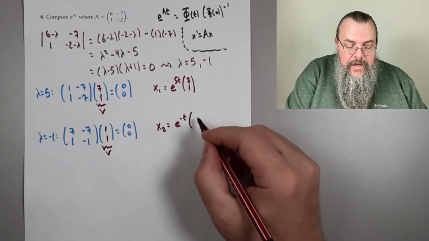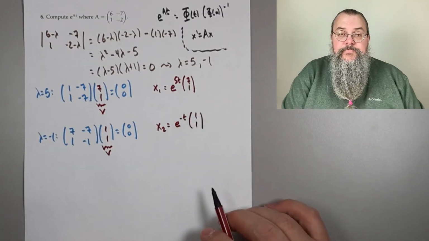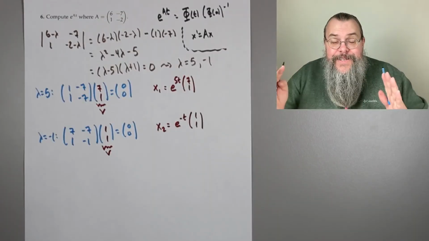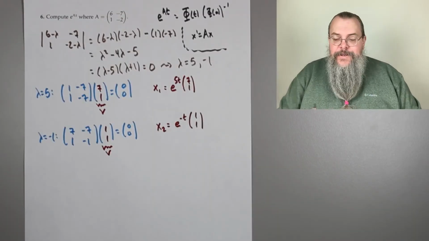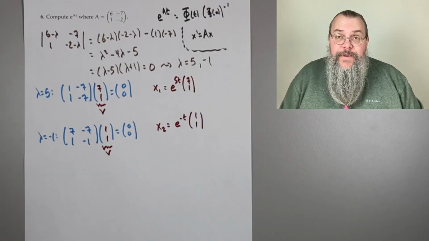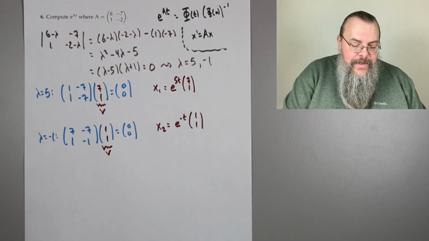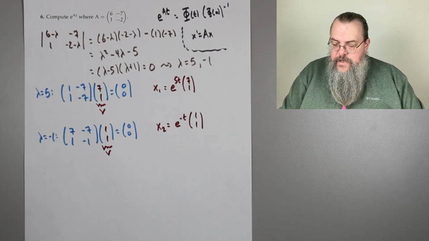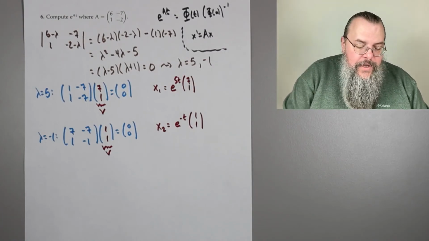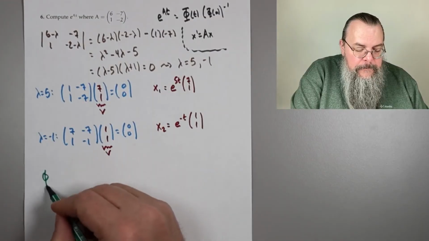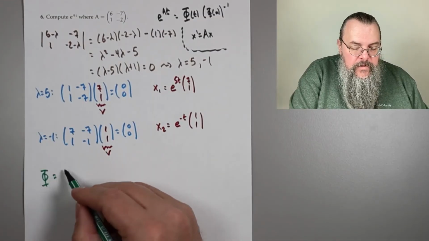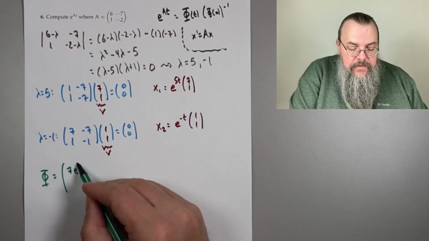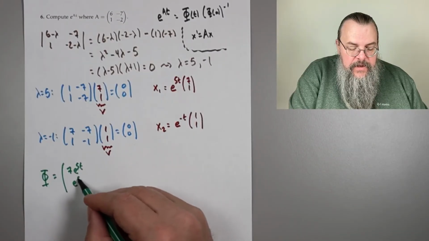times the eigenvector. Now we've got these two, we push them in together, and we make our fundamental matrix. I'm going to switch colors here as we go. So now we have phi, and we'll have 7 e to the 5t, e to the 5t.